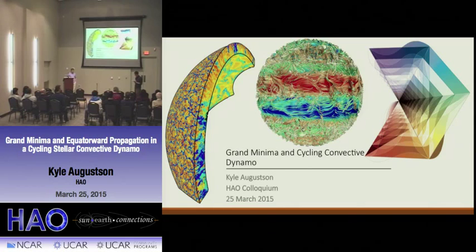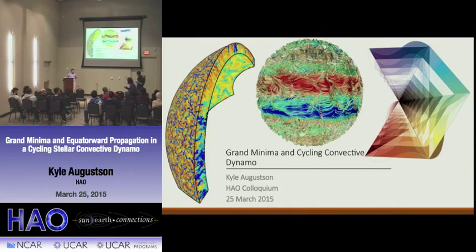Then last year, he came to HAO as an ASP postdoc and has been working mainly with Mark Miesch. His main research interest is to study the solar and stellar convective dynamo using MHD simulation. And also, I think he's interested in high performance computing, and you have authored a book as an undergraduate student. Yes. Pretty impressive.